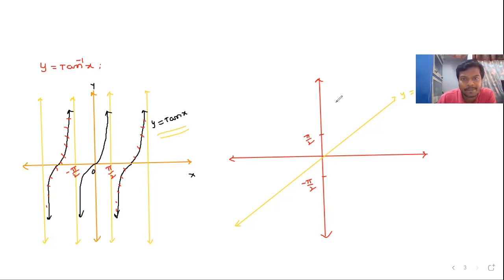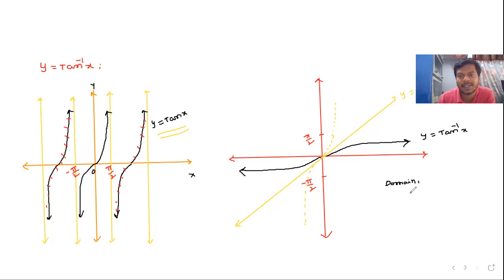Actually, this is the graph of tan x, right? Now, symmetric graph I am going to draw. That is this one. This is y equal to tan inverse of x.